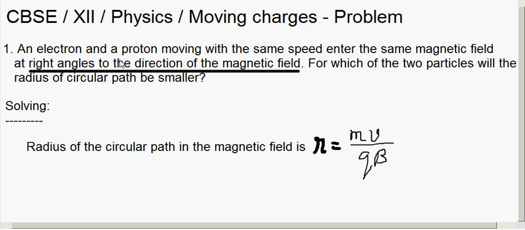Now it is given that the electron and proton have the same speed and enter the same magnetic field. Here velocity is the same, B is also the same. So for electron and proton, we can write the radius is proportional to m, because v is the same, B is also the same, q is also the same, one electron and proton, so you can just neglect the sign.